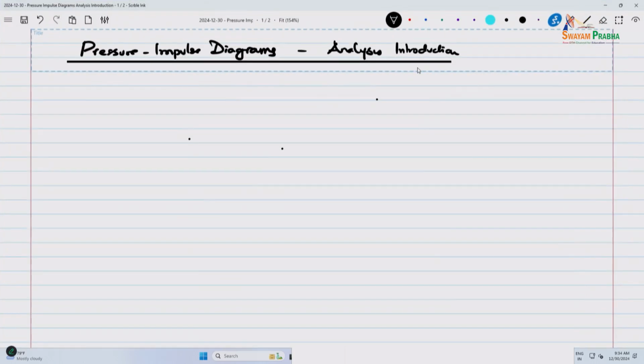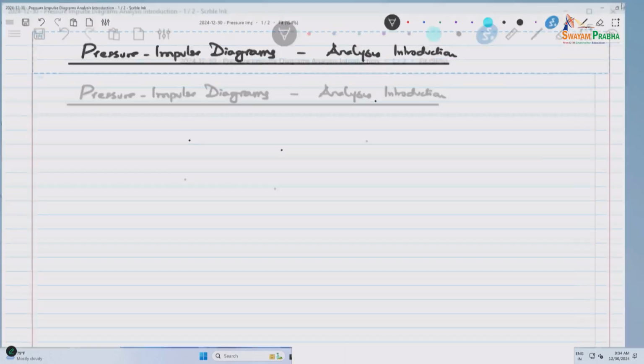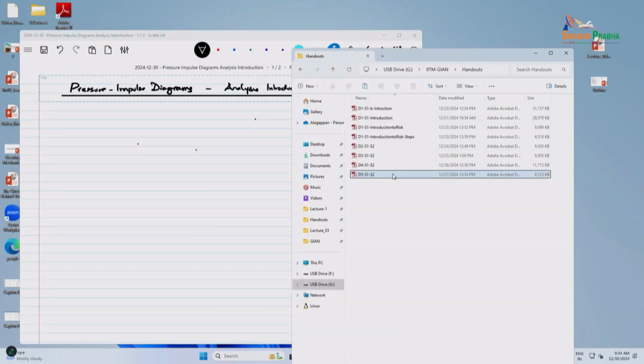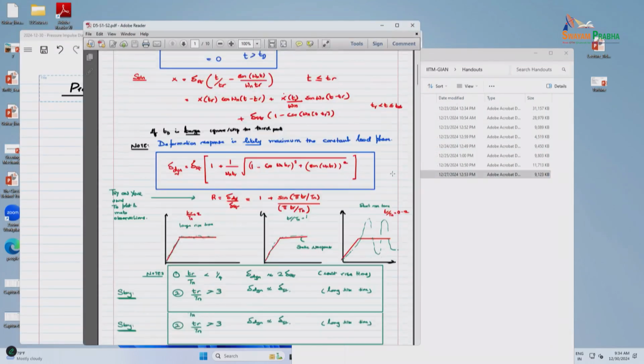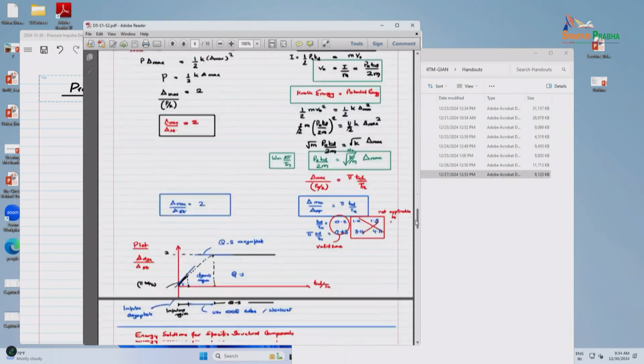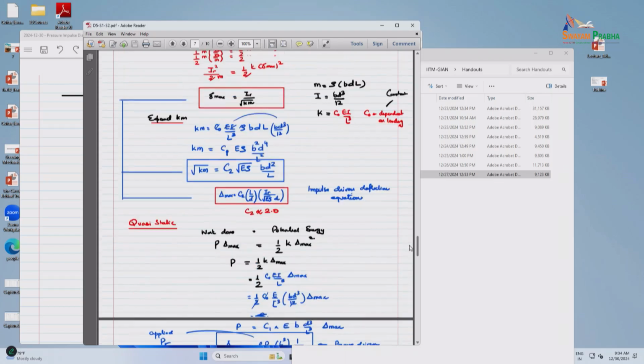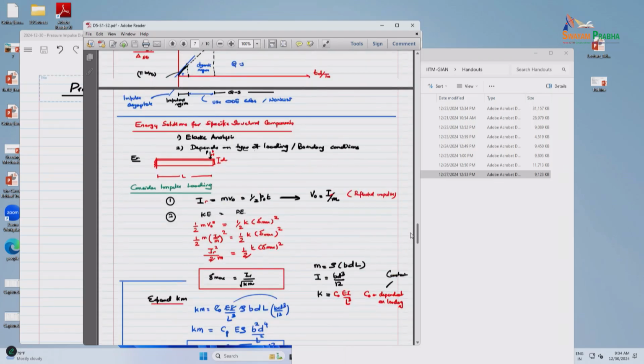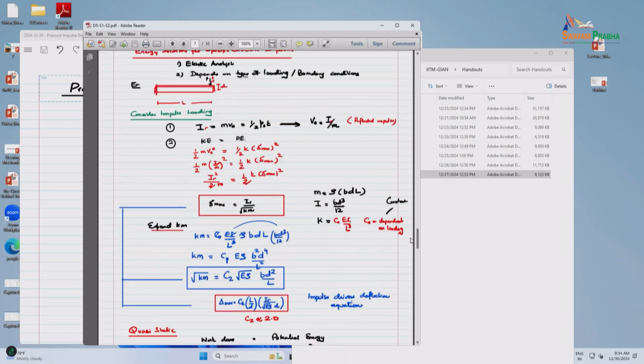So a quick example I'd like to start off with. All these had a lot of equations, but one of them I showed was the response in terms of, here B is taken as 1, in many of these situations 1 unit, 1 foot or 1 meter, so you might see the B missing.